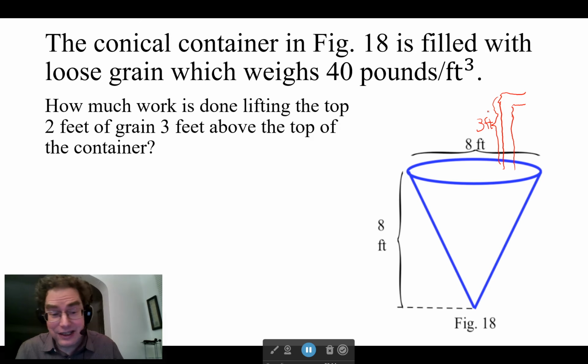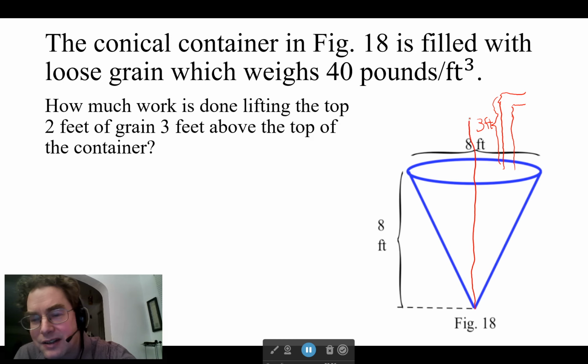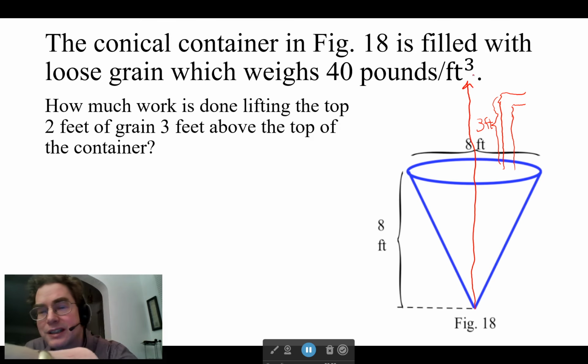And you've got choices in doing this, and different choices will have different ramifications. I thought about a couple of different ways to do this, and I settled on putting the y-axis pointing upwards, with the origin down here at the bottom of the tank.